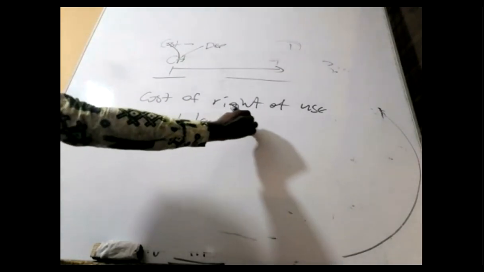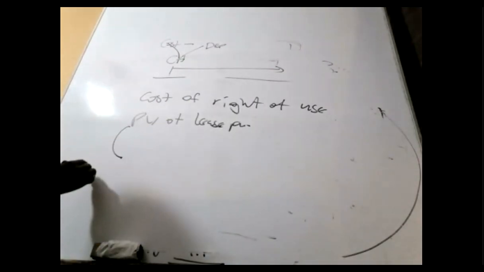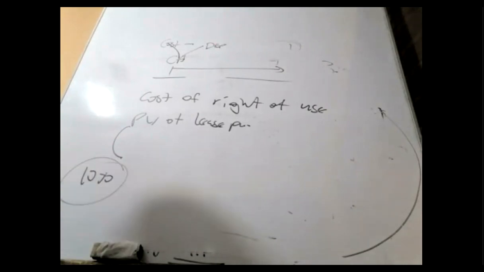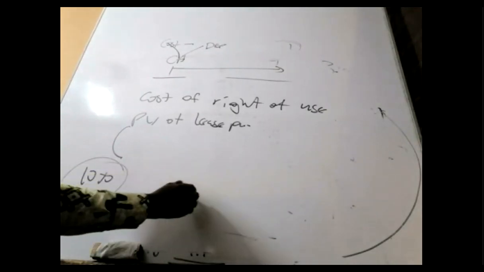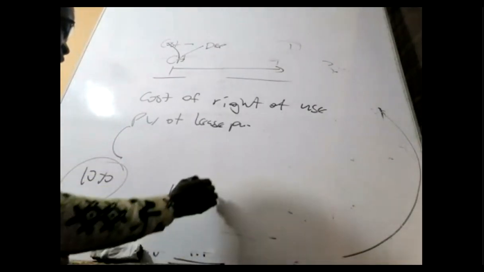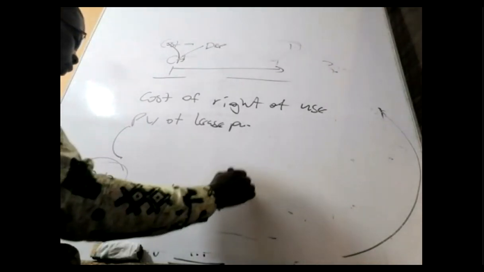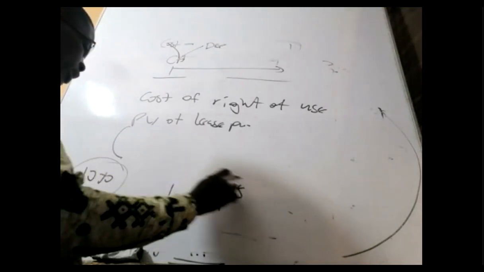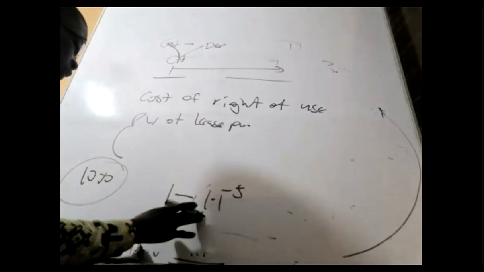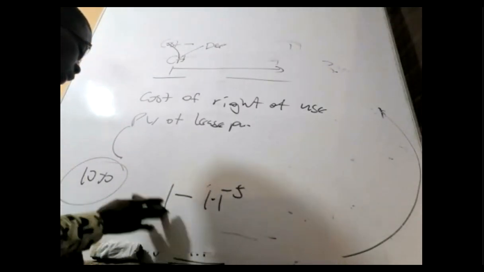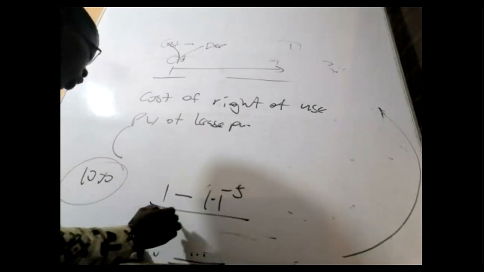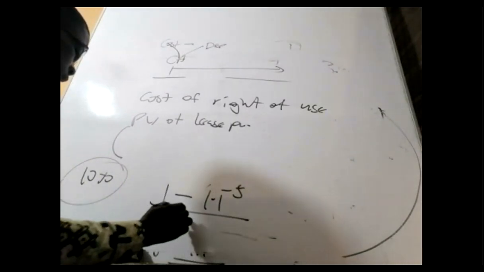Open a bracket. The discount factor is 10%. Find the annuity factor for 10%. Use this approach: 1 minus bracket 1.1 to the power minus 5. It's in arrears, right? All divided by 0.1.